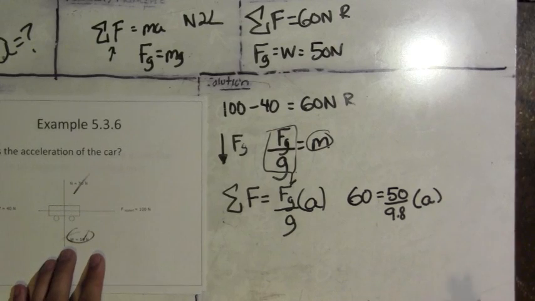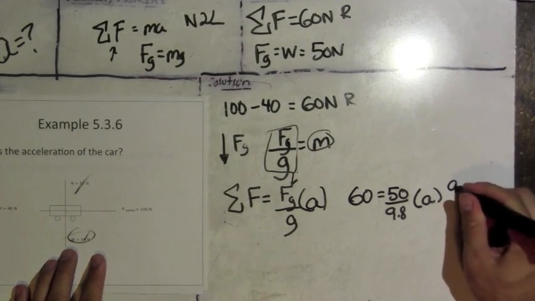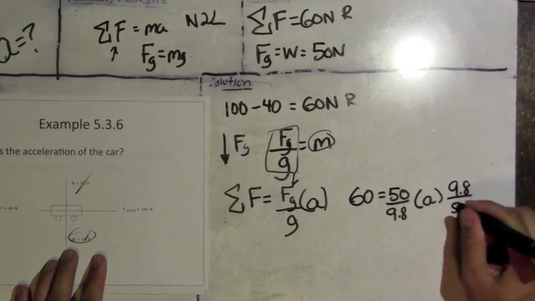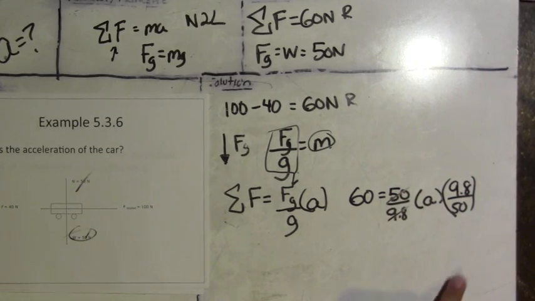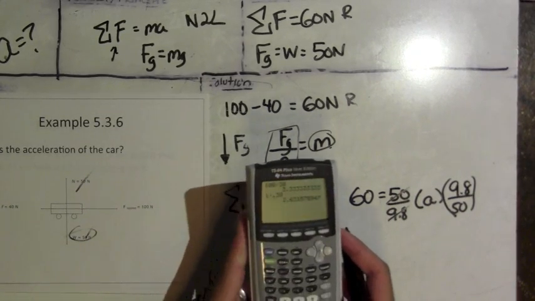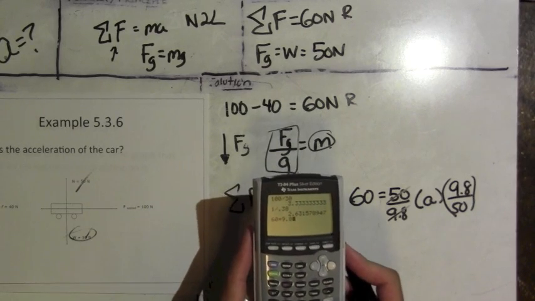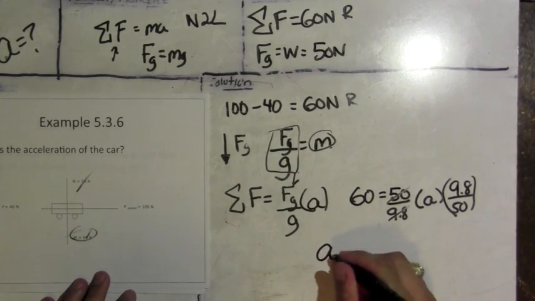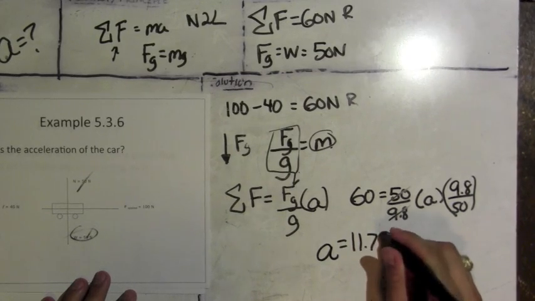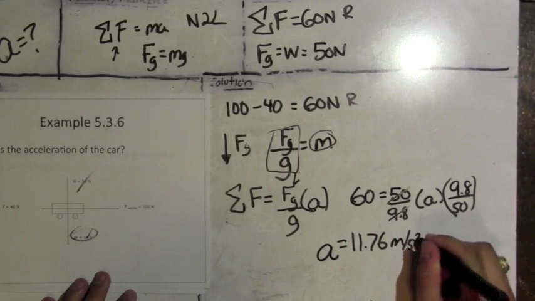So, to isolate a, multiply both sides by 9.8 and divide by 50. When you do that, cancel out there, and we can move it over to the other side, and we can say 60 times 9.8 divided by 50 gives us an acceleration value of 11.76 meters per second squared.